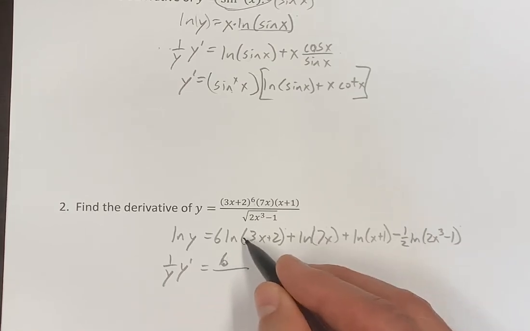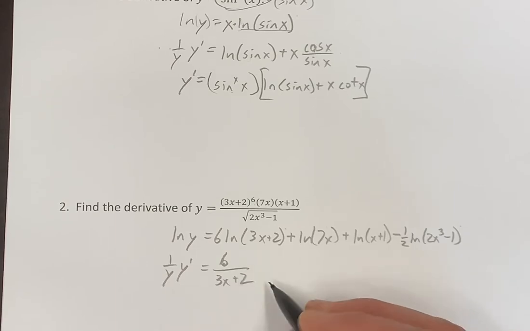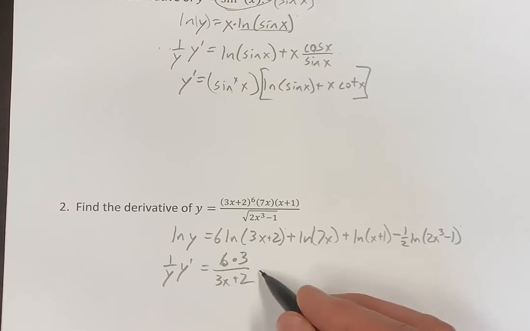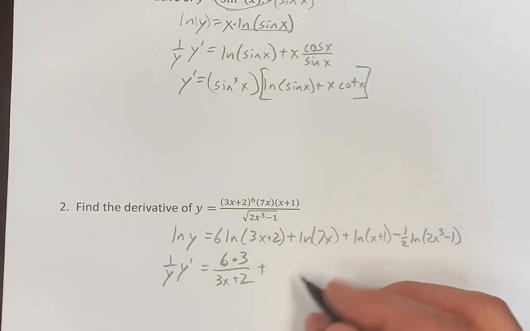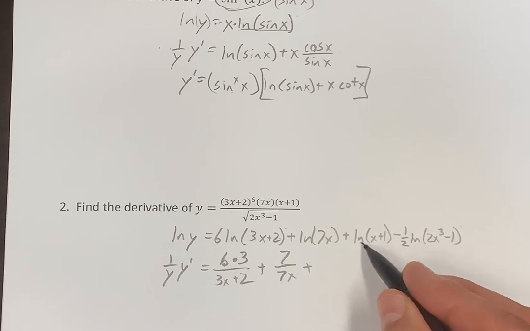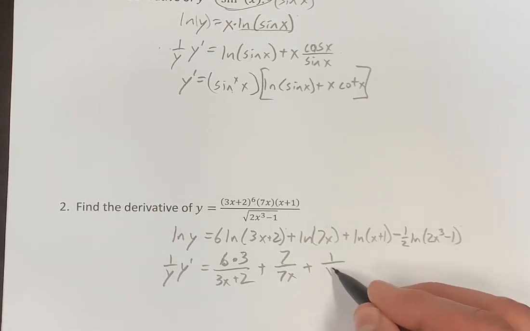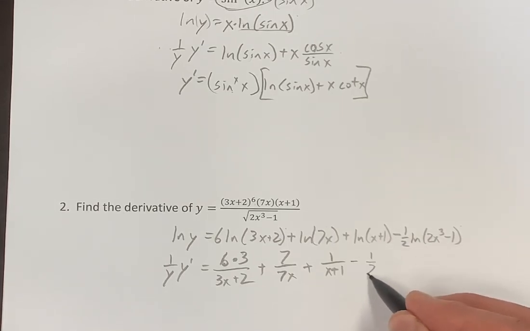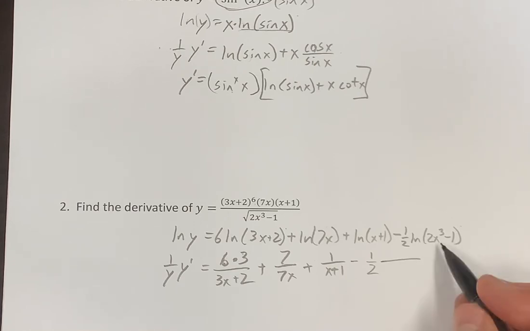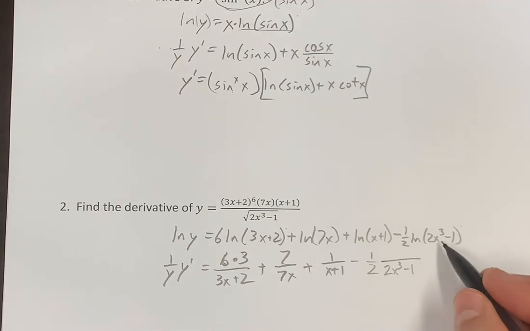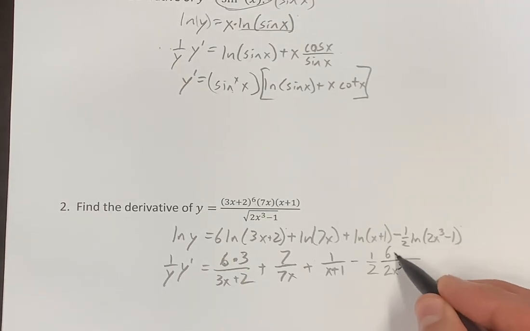Natural log, its derivative is 1 over 3x plus 2, but I've got to use the chain rule, so times the derivative of the inside, which is 3, plus the derivative of 7x, that's 1 over 7x times the derivative of the inside, which is 7, plus the derivative of x plus 1, that's 1 over x plus 1 times the derivative of the inside, which is just 1, minus 1/2. Derivative of the inside is 1 over 2x to the 3rd minus 1. Derivative of the inside is 6x squared.